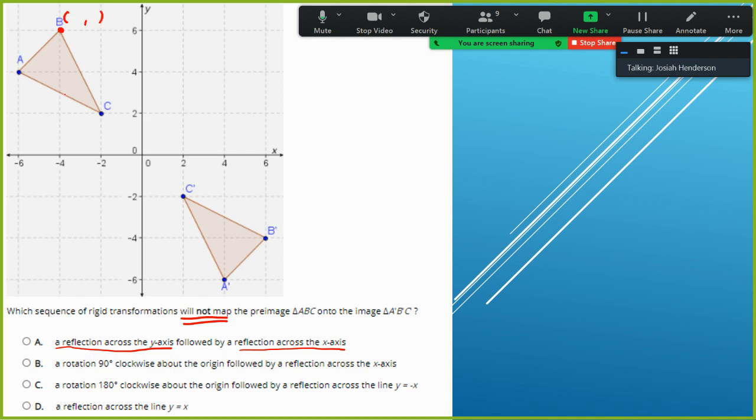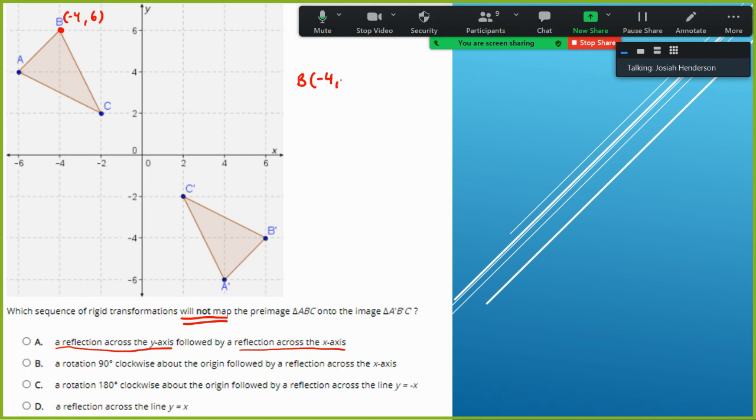I look down to the x ruler and it's at -4. I look over to the y and it's at +6. So original B is at -4, 6. If I do these two transformations from option A, will that give me the new B at 6, -4? Let's see.